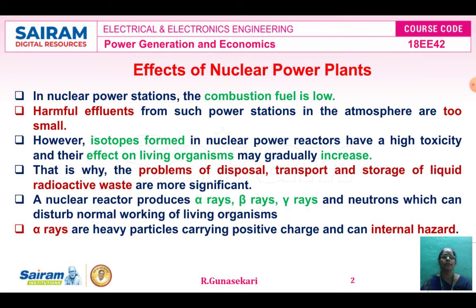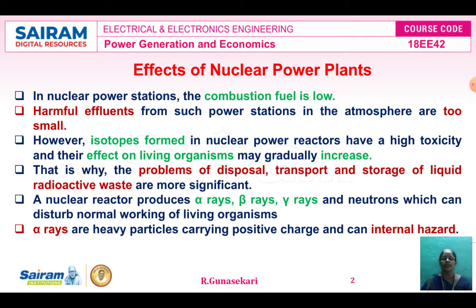At the same time, radioactive byproducts are also produced: alpha rays, beta rays, gamma rays and neutrons. But these can disturb the normal working of a living organism. That's why we studied the effects of the radioactive wastage in the nuclear power plant.